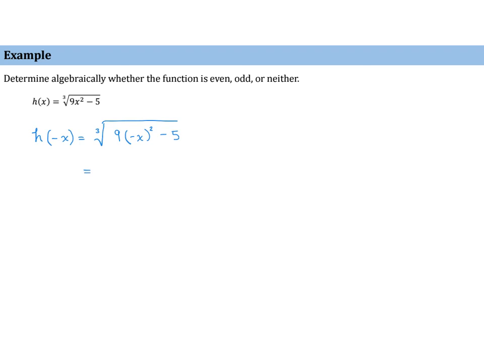So this simplifies to the cube root of 9x squared minus 5, which is our original function, h of x. So we've just shown that h of -x equals h of x. Since h of -x equals h of x, that means h is even.